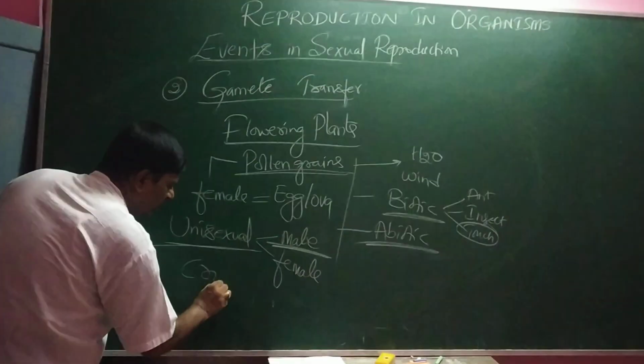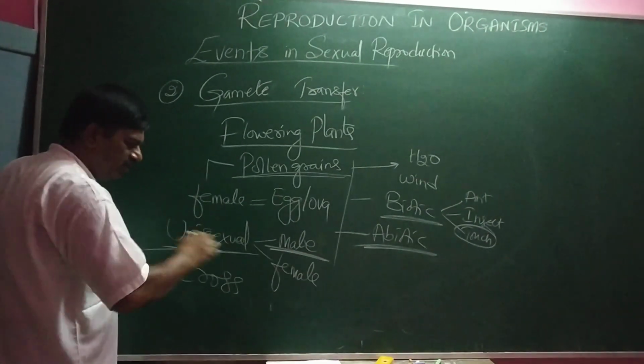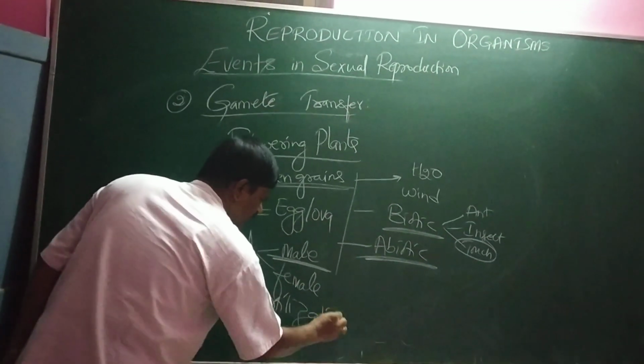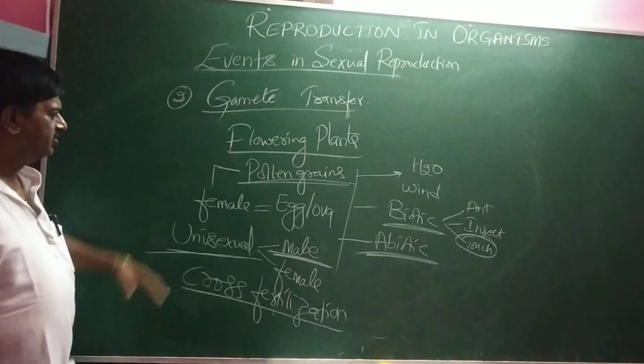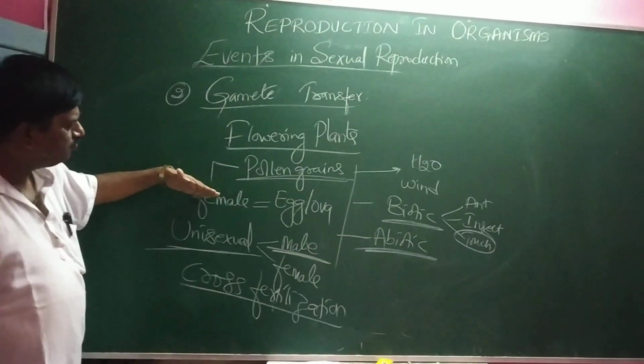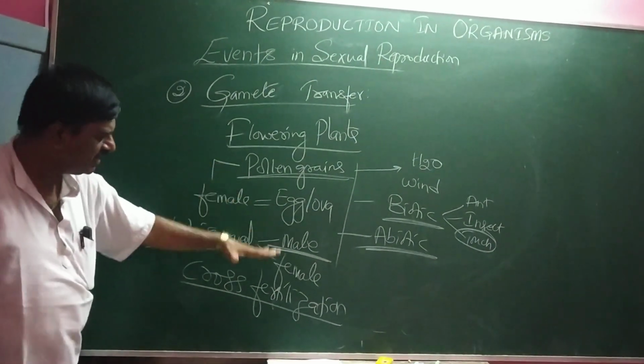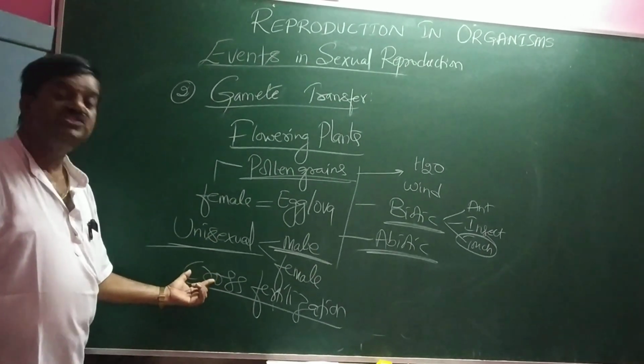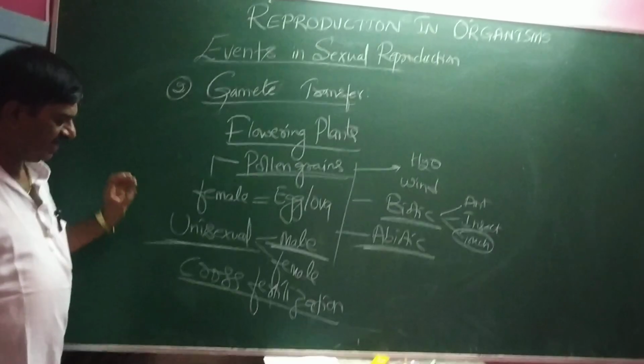Unisexual flowers help in cross fertilization. Here the transfer of pollen grains takes place from the male to the female under the unisexual flowers. This is called cross fertilization.